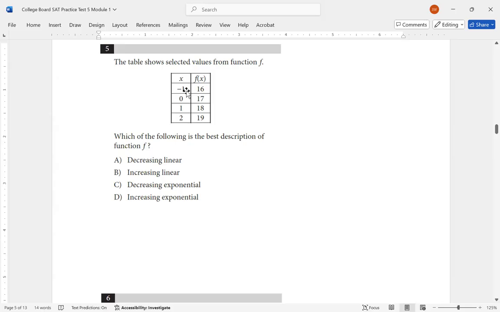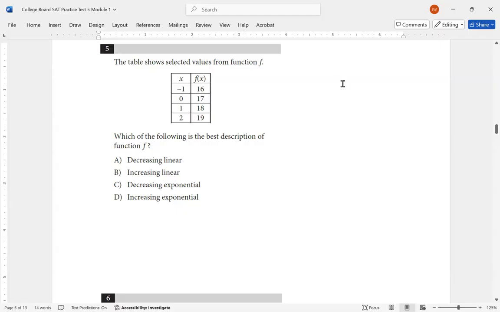Notice that each time x is increasing by 1, f of x, or my output value, is also increasing by 1. Therefore, since as x increases, f of x increases, we know the function is increasing.